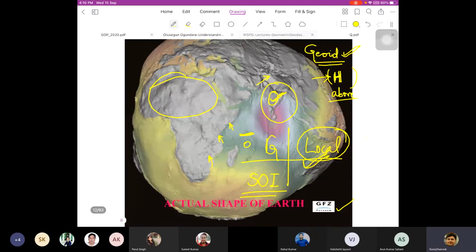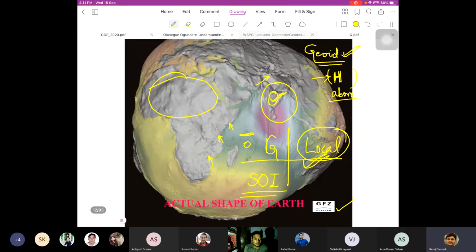Sir, the shape is irregular or spheroid? No, we are still not focused on the type of the shape. We just need to understand that Earth is not a perfect spheroid, which we just showed in the previous figure. Instead, the actual shape is this.